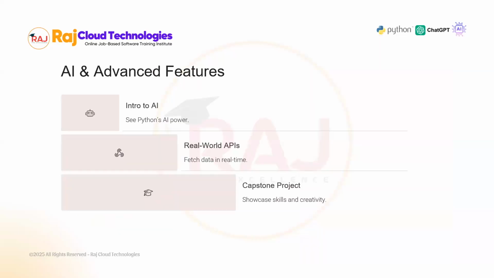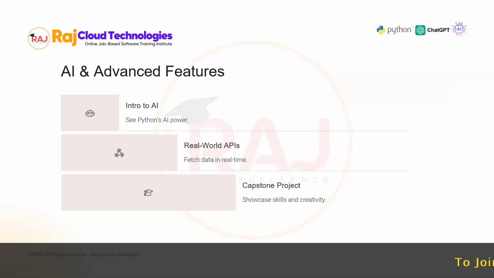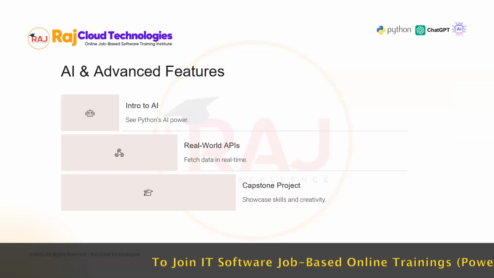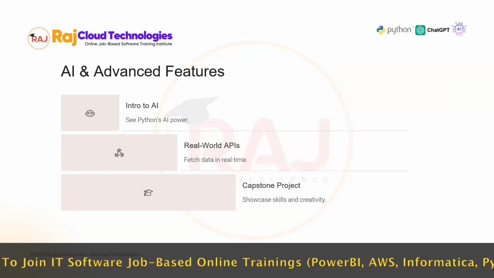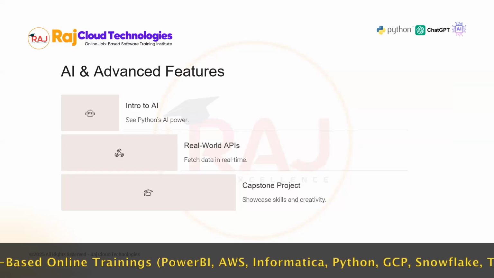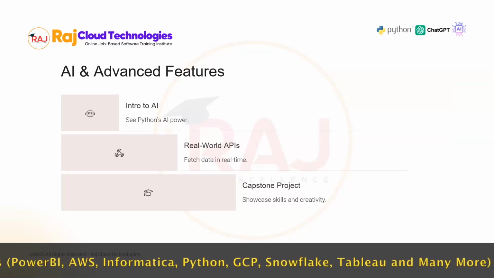Then we will learn some of the advanced features of Python, like what AI is, how Python's AI power can be used, and how AI is being implemented across various things.